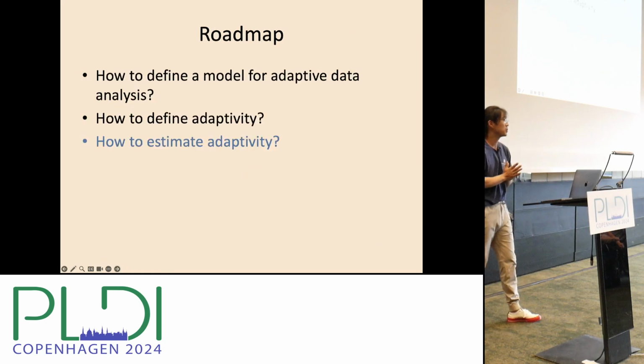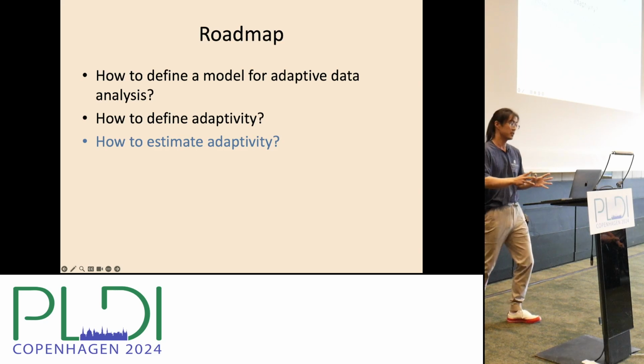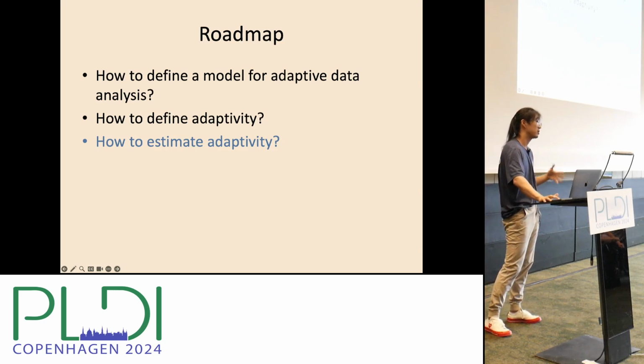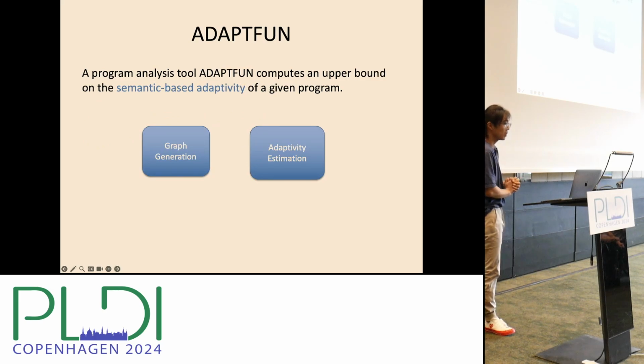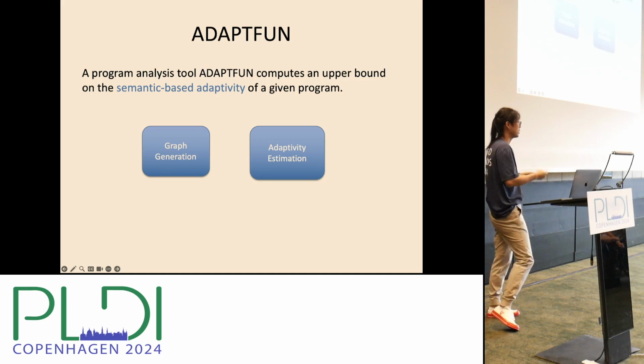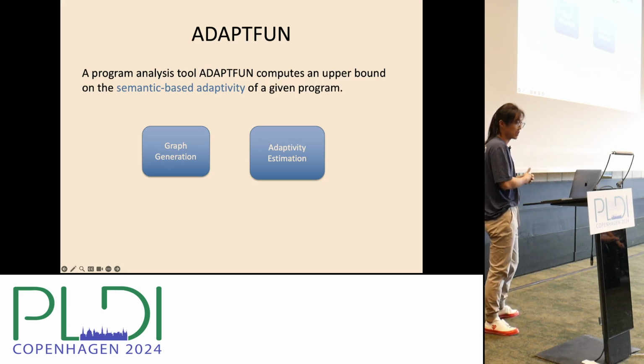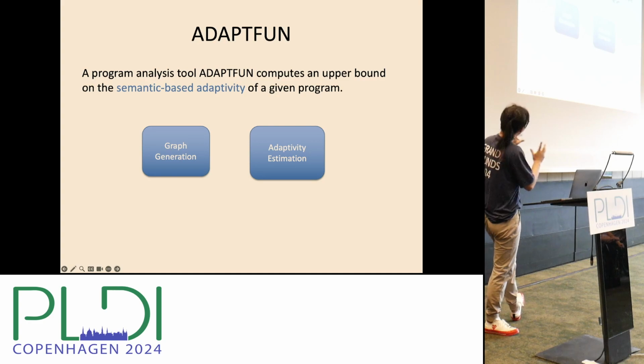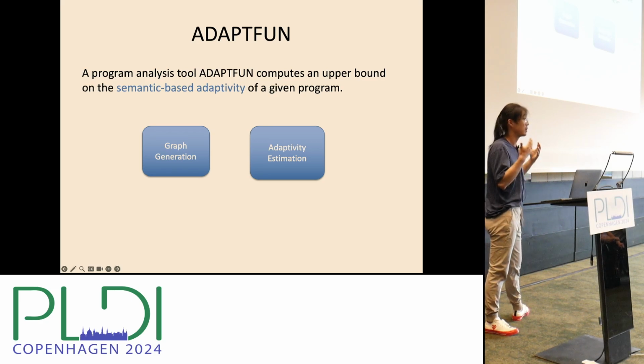Finally, we need to statically estimate this adaptivity we just defined. We propose a program analysis tool called AdaptFun that computes an upper bound on this semantic-based adaptivity. It consists of two parts, the graph generation and the adaptivity estimation.